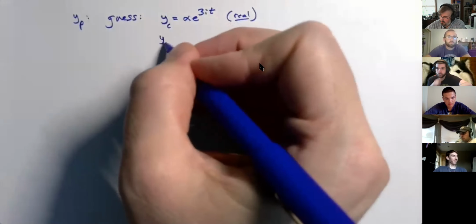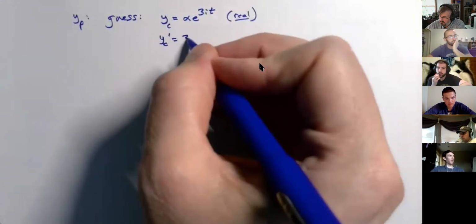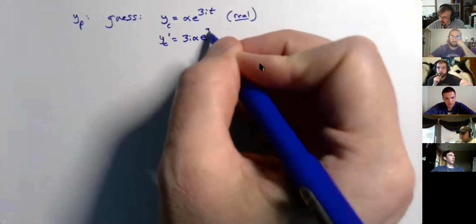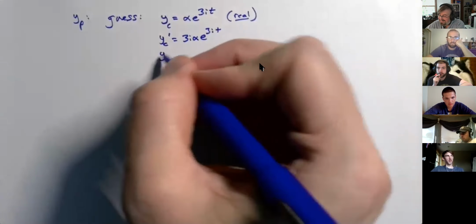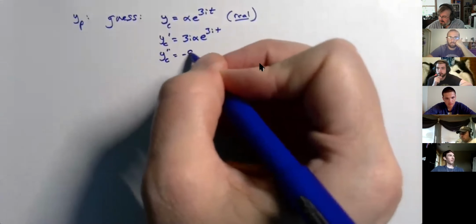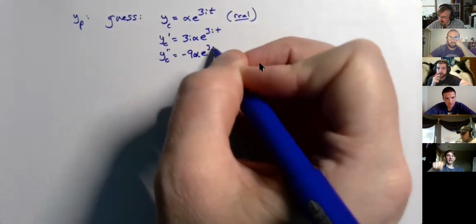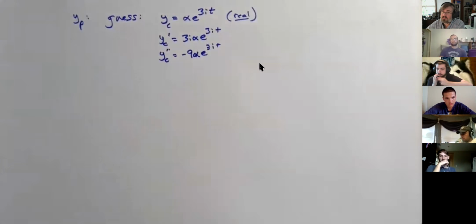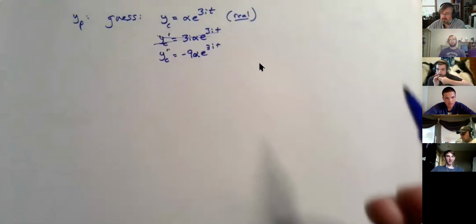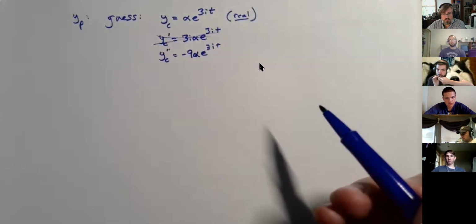Okay, yeah. And so first derivative becomes? First derivative becomes, well, I just skipped right to the second derivative, which was -9 alpha e to the 3it. No, not to the 3i, right. Raven, that's something completely different. We don't actually care about this because that doesn't appear in our differential equation.